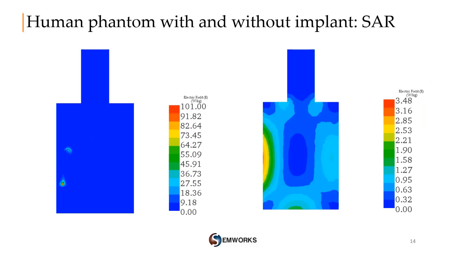Let's now compare the second important results, which are the SAR, the specific absorption rate distributions. As clearly noticed, the presence of the metallic replacement highly affects the human tissues by increasing the rate of absorbed energy inside them, which is converted later to heat around these implants.